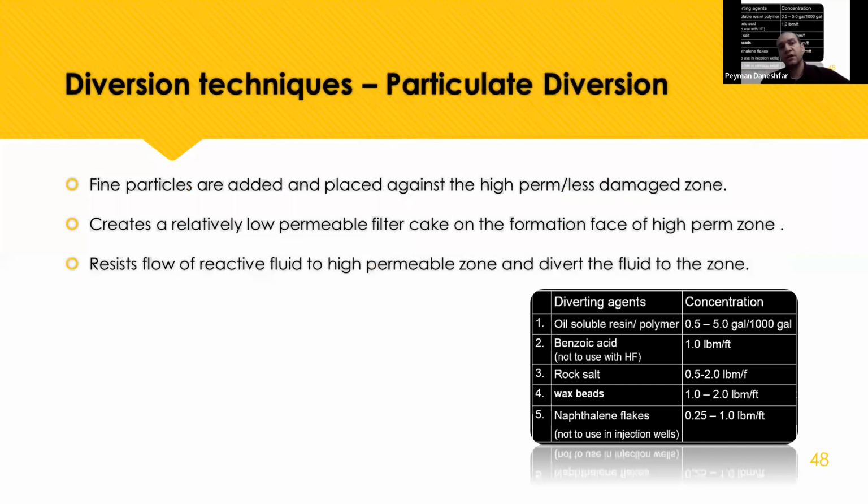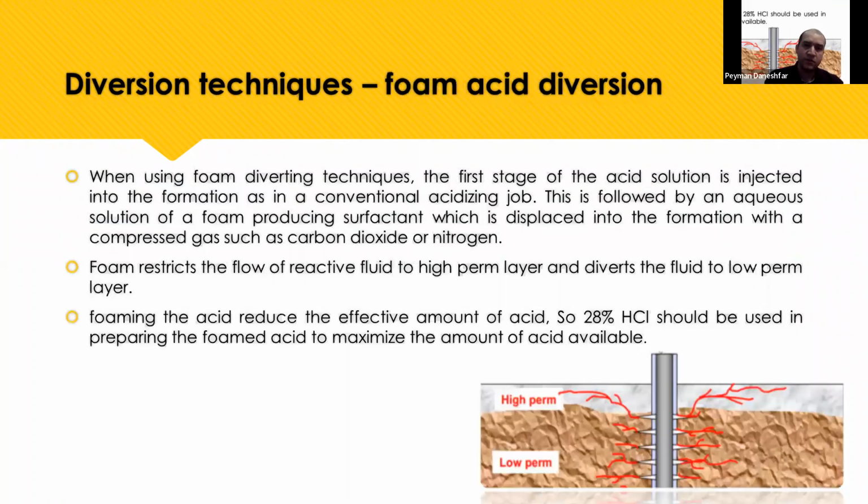Another one is fine particulate diversion. We use some particulate like the ball. We send it in, and they sit on the permeable zone, and again divert the acid to another zone. And another one is the foam acid diversion.